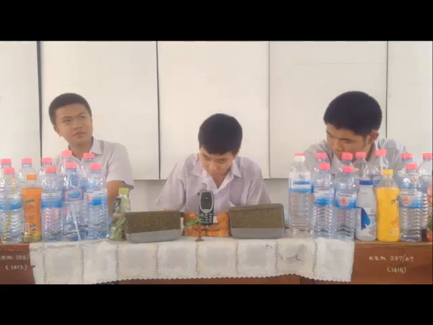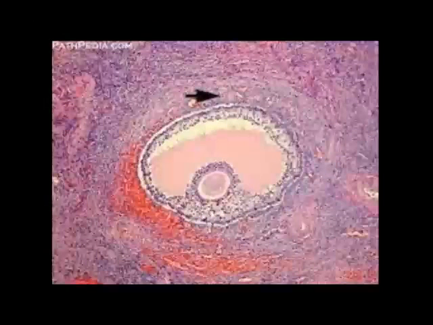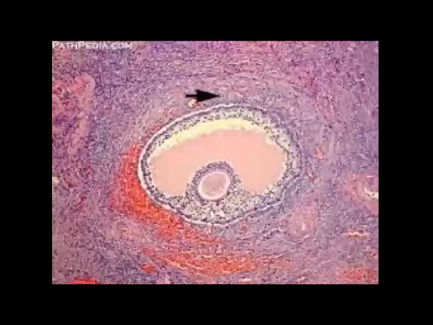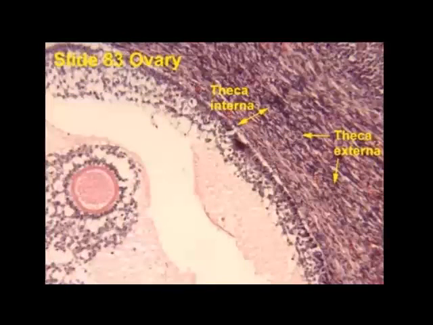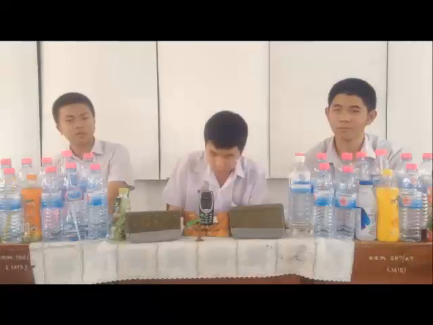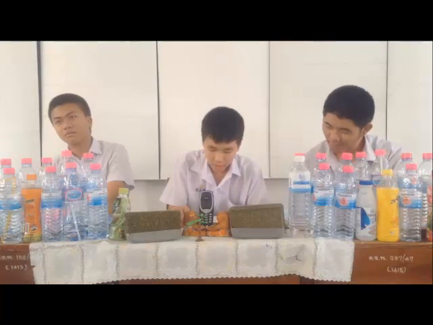The granulosa cells proliferate to form a thick layer. These cells are recruited to the oocyte and form two distinct layers, theca interna and theca externa. Estrogen will then start to rise as the theca cells begin to secrete androgens.